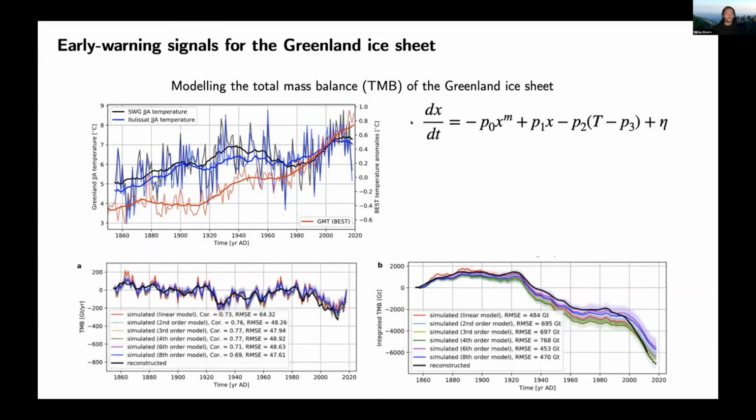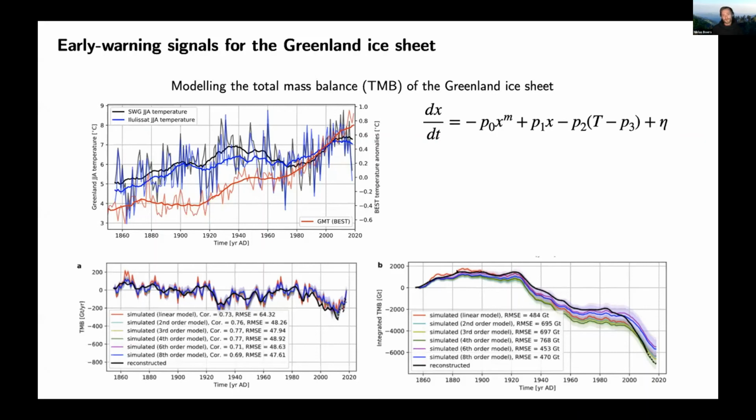It tells us that this form of a model, even the linear one where the M is put to 1, can more or less reproduce the total mass balance evolution if you force it with the right temperature time series. And on the right, you just see the integration of the left-hand side to get the evolution of the Greenland ice sheet mass.